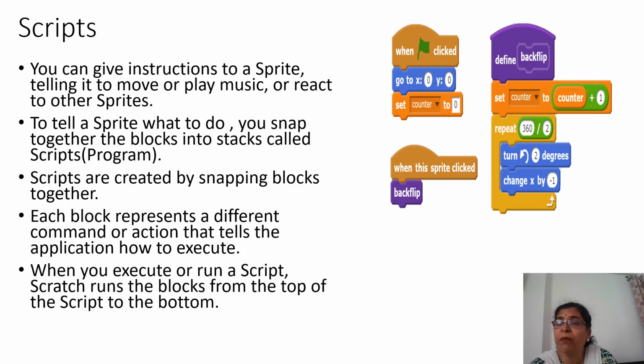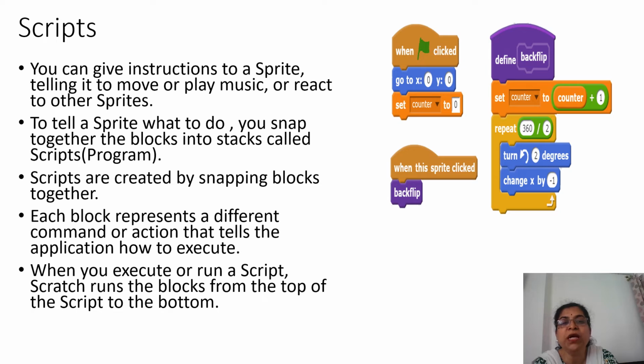Now, whatever programming statements you are writing, you are just borrowing from the blocks which are already given. That is called a script. You can give instructions to a sprite telling it to move or play music or react to other sprites. To tell a sprite what to do, you snap together the blocks into stacks called scripts, that is programs. Scripts are created by snapping blocks together.